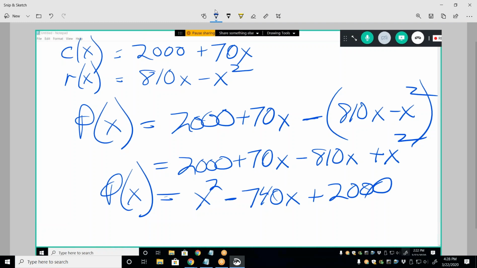There's only one problem with this. That goes up, that goes like that, which means I've got the sign wrong on the X squared term. It's not cost minus revenue. It's revenue minus cost.